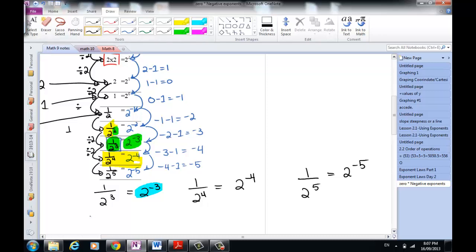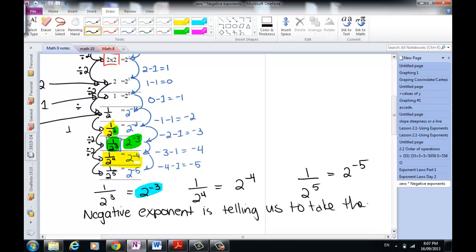So all that the negative sign is telling us in the exponent, our negative exponent, is telling us to take the reciprocal and make the negative exponent positive.